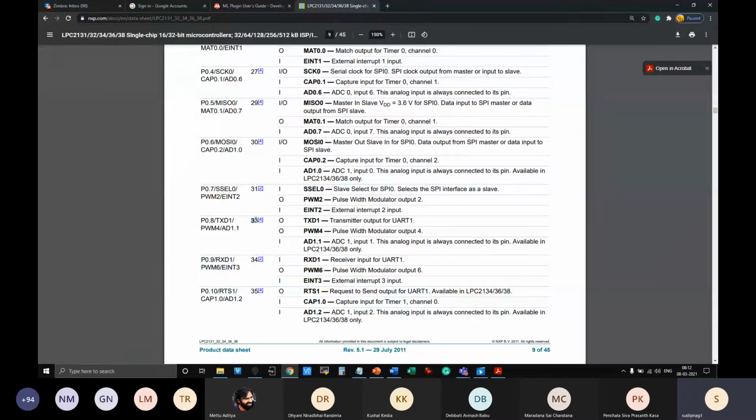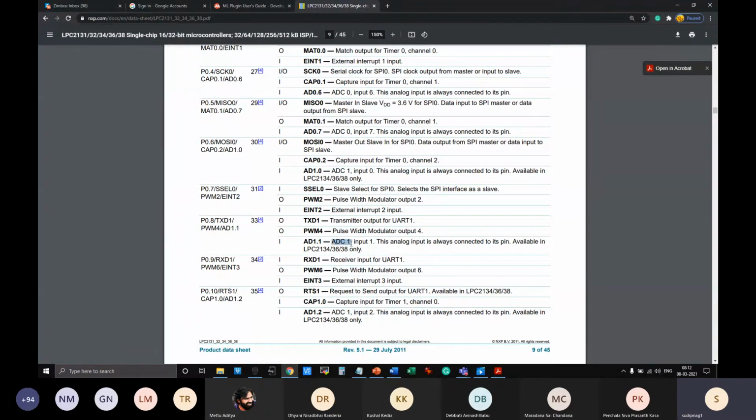For example, if I take pin number 33, it can be used as a digital transmit output for UART, or PWM output, or even analog input. This is analog to digital input for channel 1.1, that means ADC1 channel 1.